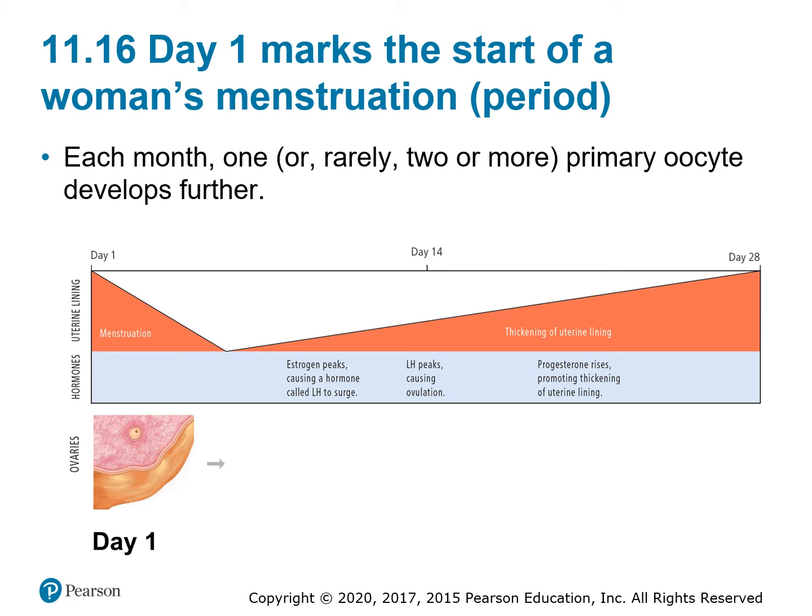Day 1 marks the start of a woman's menstruation or period, and basically it is this 28-day cycle that is controlled by hormones, for example, estrogen, luteinizing hormone, and progesterone. And above you can see the thickness of the uterine lining. As menstruation occurs, the uterine lining is shed, and then it begins to thicken again.